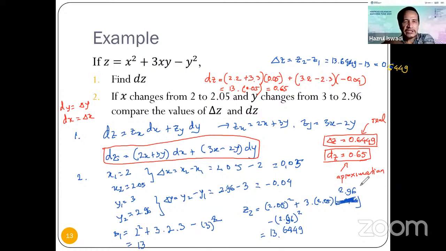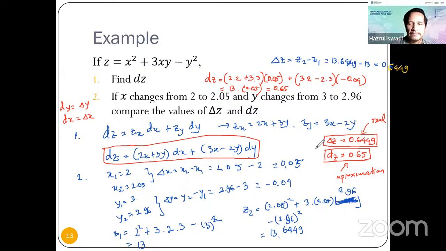The advantage of dz is that it is easy to calculate, compared to delta z. Delta z is quite complex to calculate.